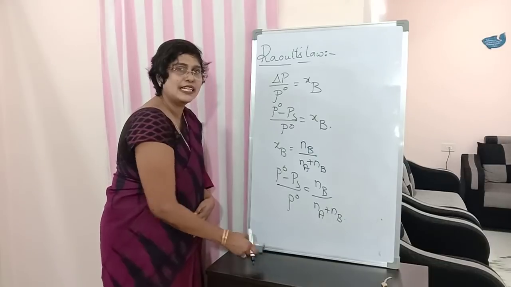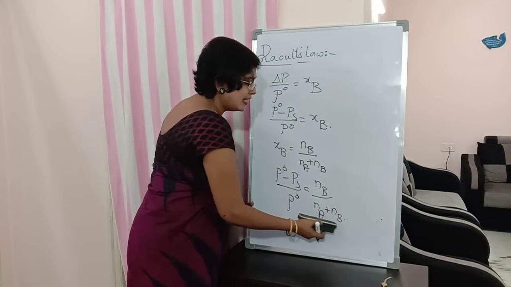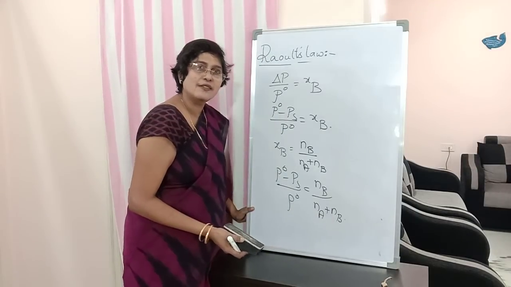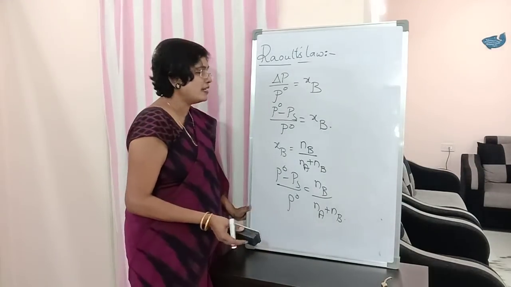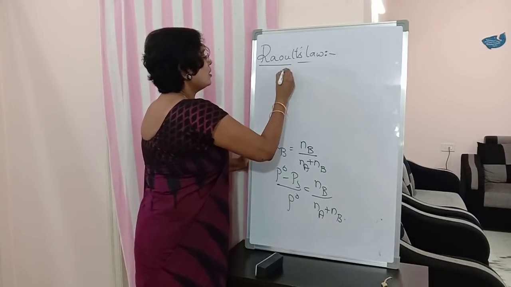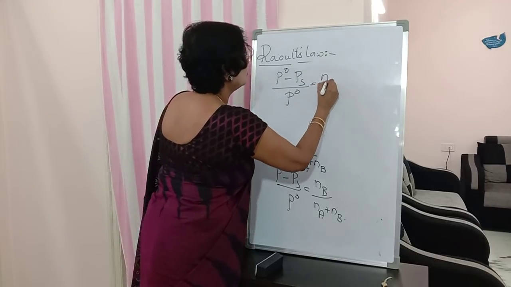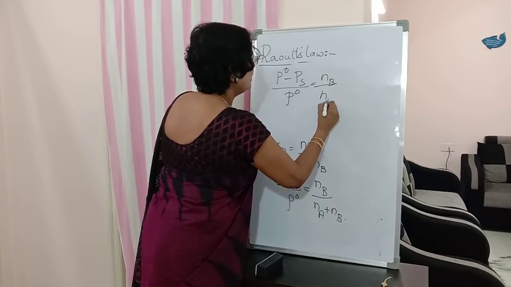As we are studying dilute solutions, students, in the denominator NB can be neglected. Why? Because the solute is present in smaller quantities. Therefore (P naught minus PS) by P naught is equal to NB by NA.